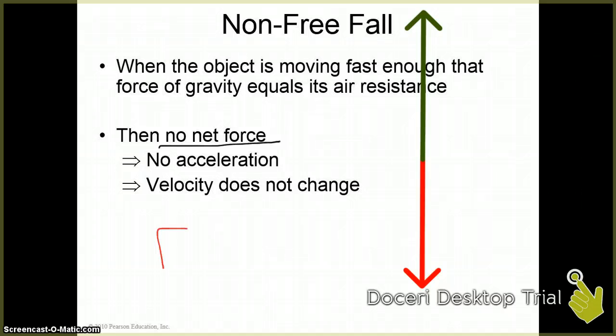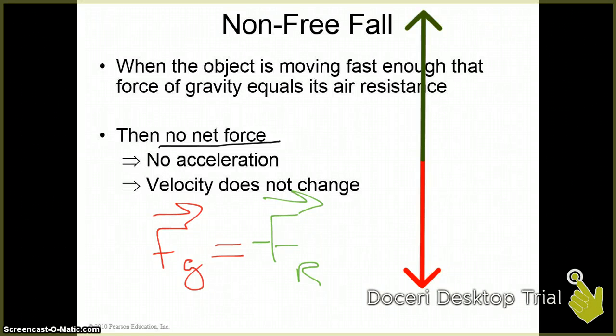The force of gravity is a vector, and it equals the force of air resistance, which is also a vector, and they're in the opposite direction, which we'll represent with a little negative sign. If they're in the opposite direction, then the sum of the two forces, Fg plus Fr, equals 0.